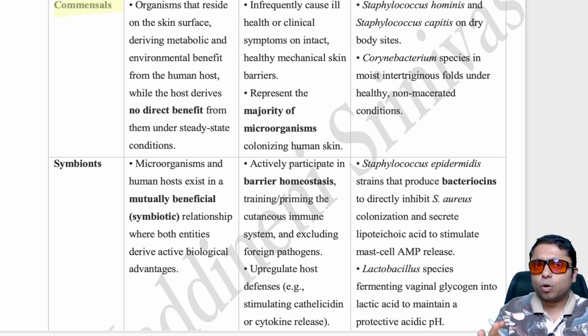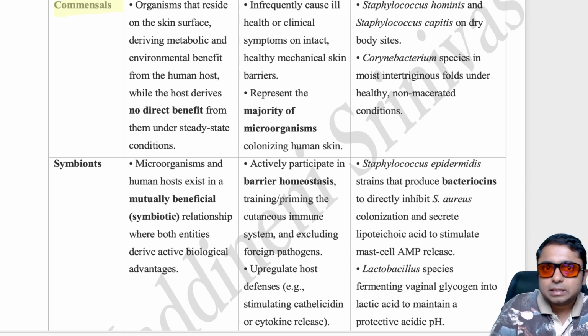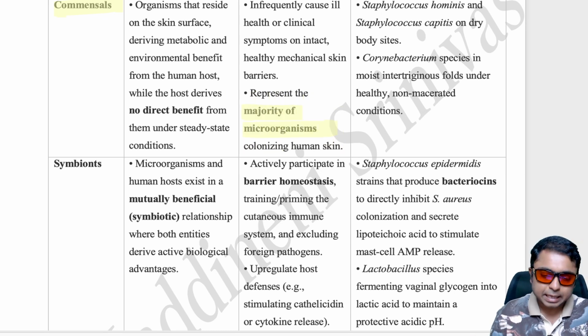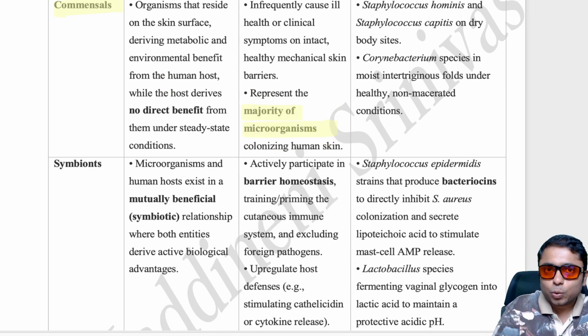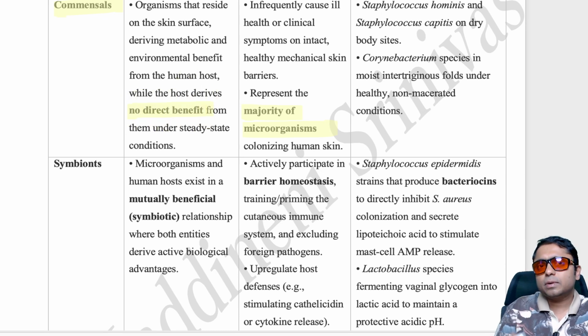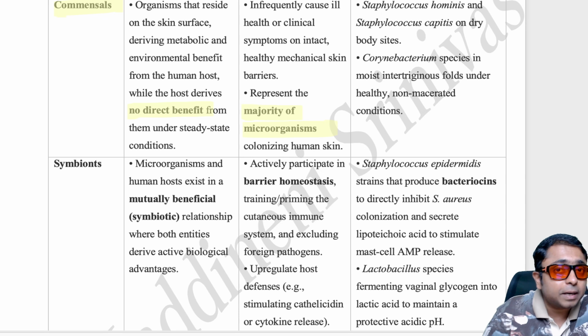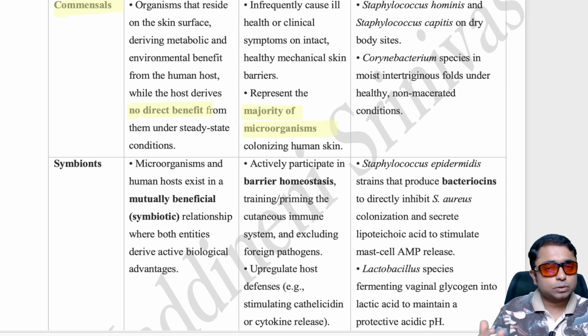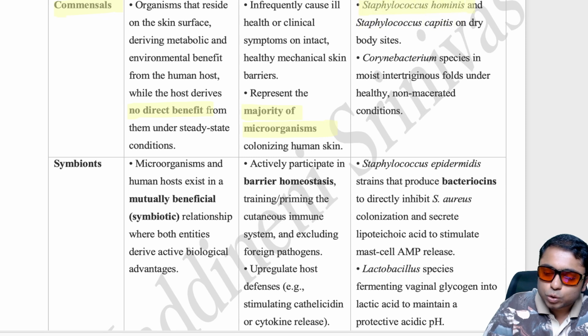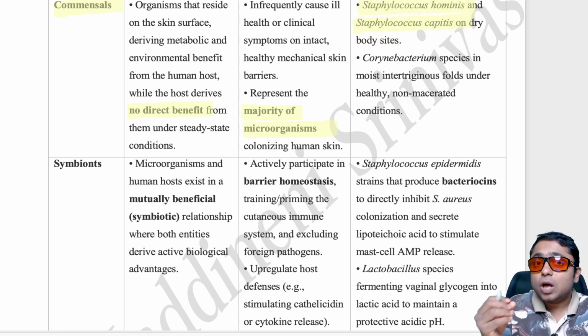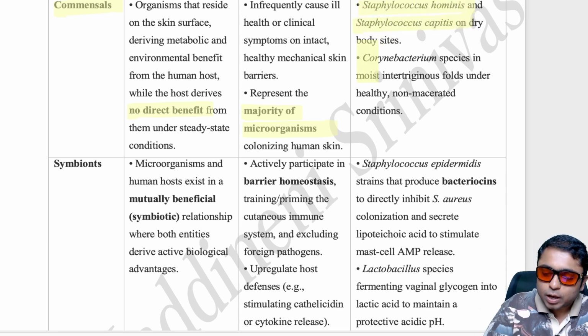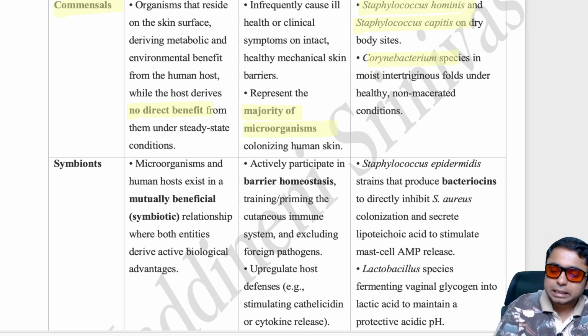Broadly, commensals are the organisms forming the majority of the microorganisms over the skin, and they are present over the host and take up some benefits from the host, but they do not give a direct benefit to the host. So the host will not get any kind of benefit from the commensals. Examples are Staphylococcus hominis, Staphylococcus capitis on dry body sites, Corynebacterium species in the moist intertriginous folds. So this is about the commensals.